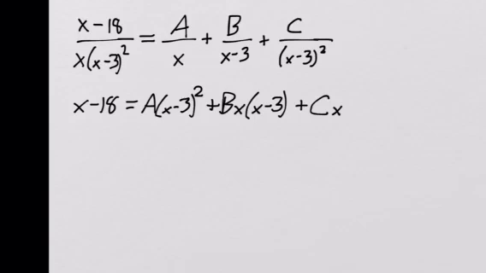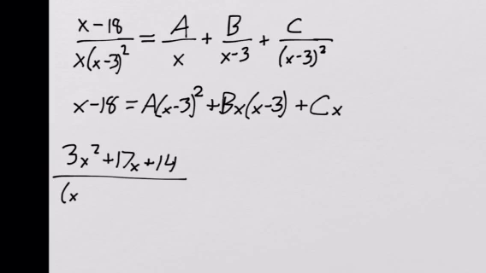The other special situation that you can have to deal with would be something like (3x squared plus 17x plus 14) over (x minus 2) times (x squared plus 2x plus 4). Now, anytime you get a quadratic, the first thing I would do is see if you can factor it.